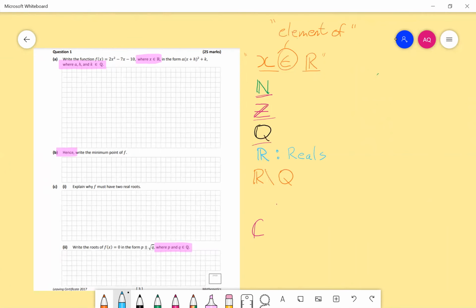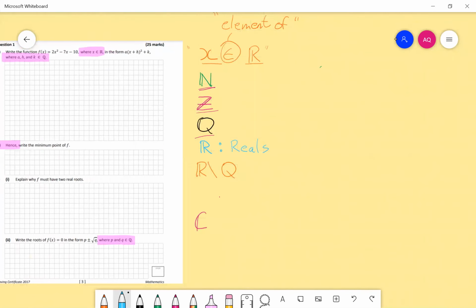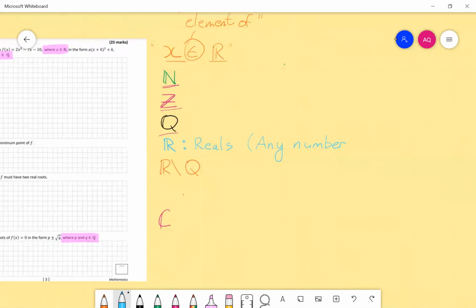So let's talk about our real numbers first. Real numbers are loosely defined, and this isn't really a definition at all, but it's basically every number you've ever seen is a real number until you do complex numbers. Then you start looking at some imaginary numbers, which are not real numbers. So a real number is any number that is not imaginary.